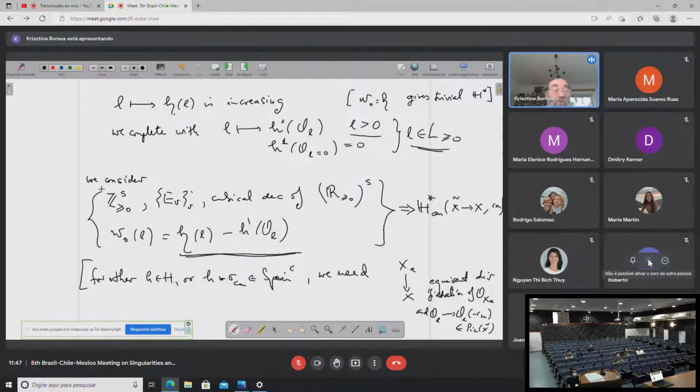So again, we have a lattice with bases, we have a combinatorial cubical decomposition of R^s, and I have an analytic weight function associated with the lattice points. Then we can consider the weight function of the cubes by the max of the vertices, and by the general construction we have a lattice cohomology.